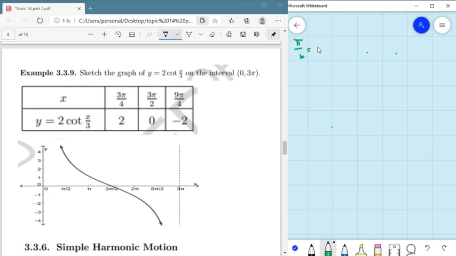Therefore, we have pi over 1/3, and that would be equal to 3 pi, which is pi times 3 over 1. Our asymptotes, since it is cotangent, are x equals 0 and x equals 3 pi.